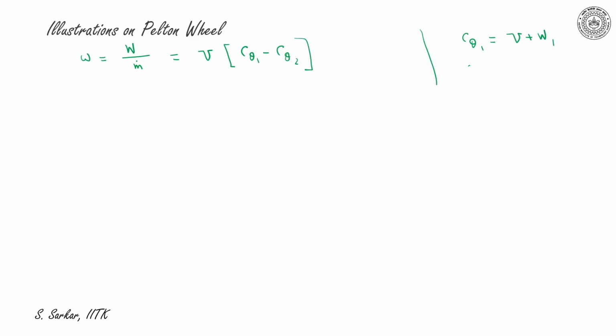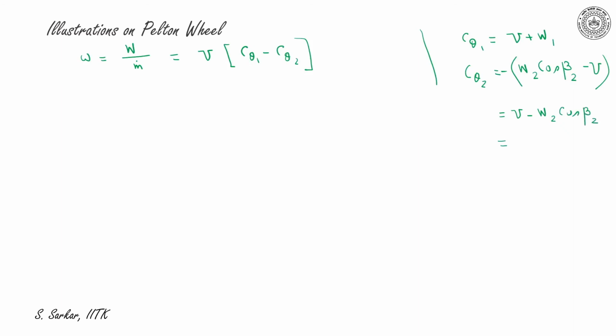C theta 2 from the velocity triangle would be equal to w2 cos theta 2 minus u, and as per the sign convention, c theta 2 would be negative because c theta 2 acts in the opposite direction of u, considering the velocity triangle. Thus I can write it would be equal to u minus w2 into cos beta 2.